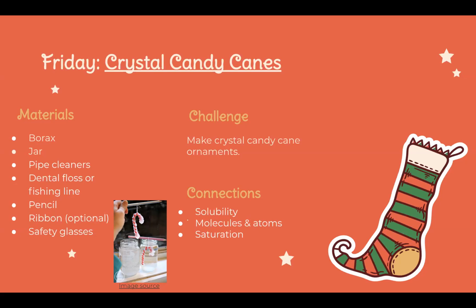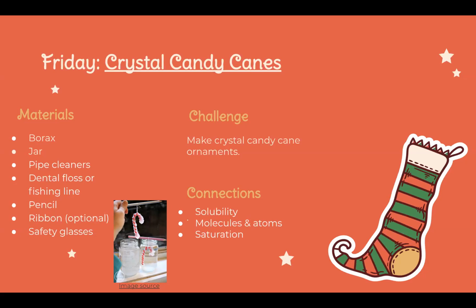It's really important that you are making sure that your students or your kiddos at home are wearing safety glasses or goggles, because we are using borax along with hot water. And of course, there's a chemical reaction. So we want to make sure that their eyes are protected. And especially with younger kids, there should be adult supervision.